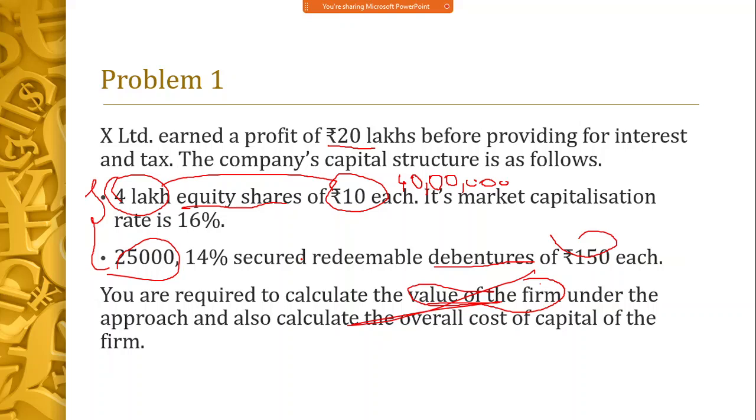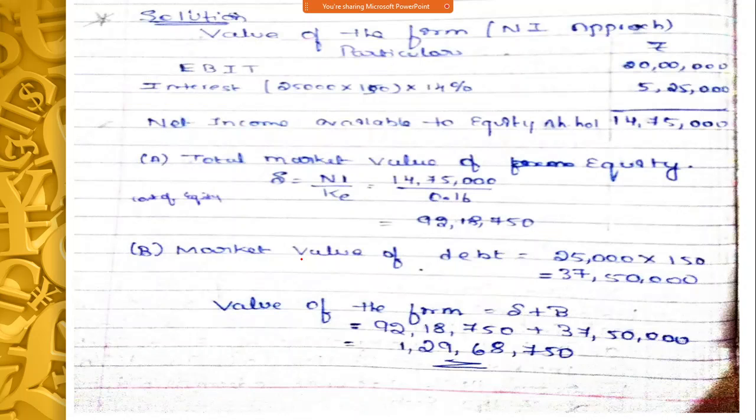We shall see. Whenever a problem is given, it is always suggested that you solve the problem in a table, so that one who evaluates your paper can clearly understand what you have done.